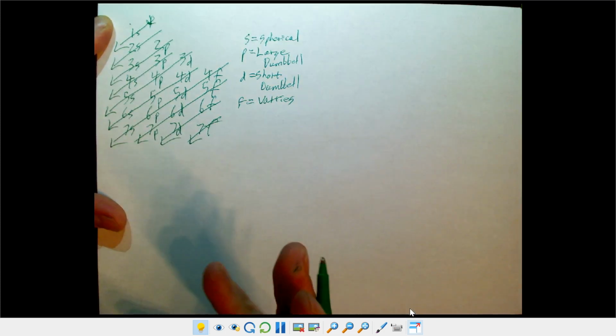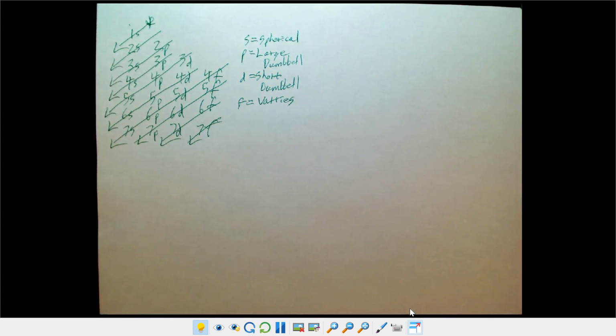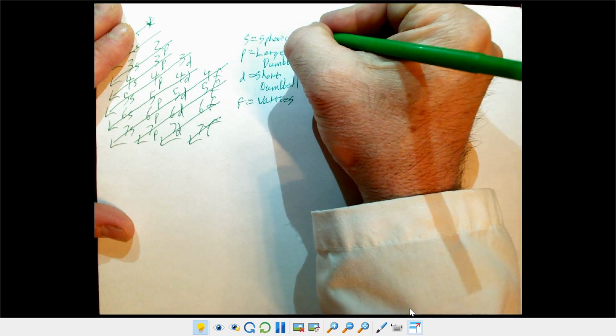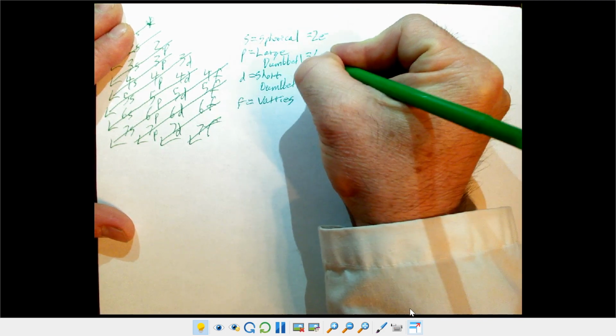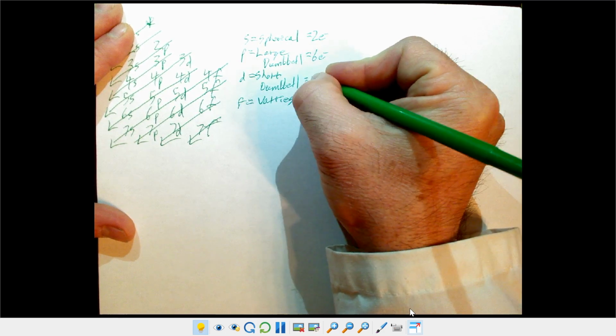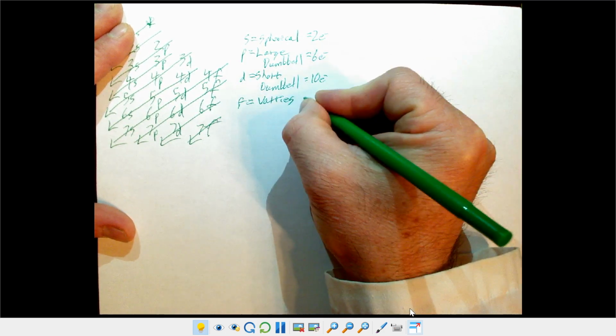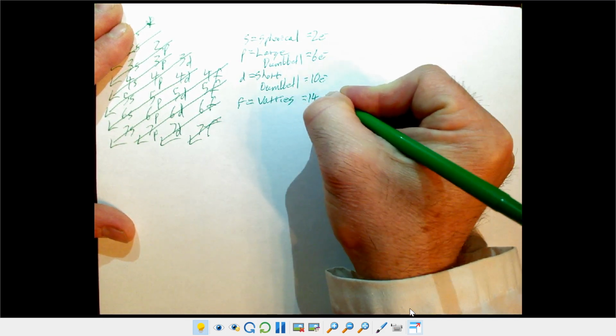And the letters actually represent that you can have a certain amount of electrons that fit into each of these different sublevels, into these shapes. So in the spherical, you can hold up to 2 electrons. In the P, you can hold up to 6. In the D, you can hold up to 10. And the F, you can hold up to 14 electrons.